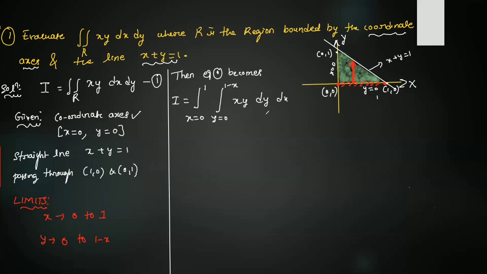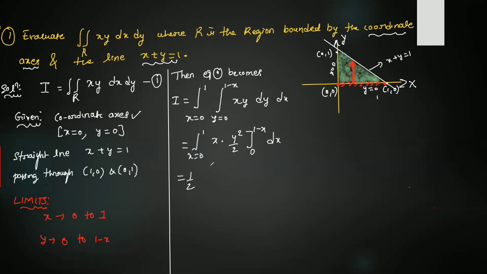Once you get the region and the limits, it is the normal procedure we followed in the previous class. Keep x from 0 to 1 as it is. Integration of y is y square by 2, with limits 0 to 1 minus x, dx.